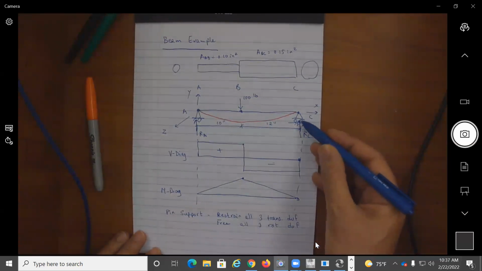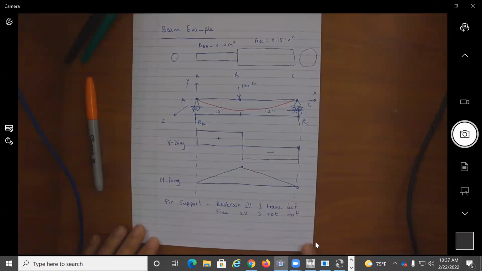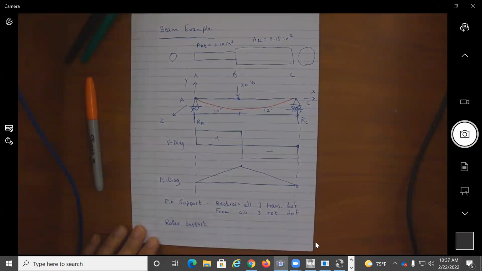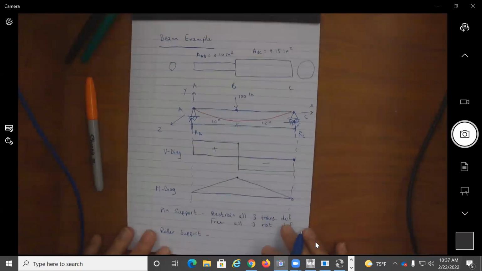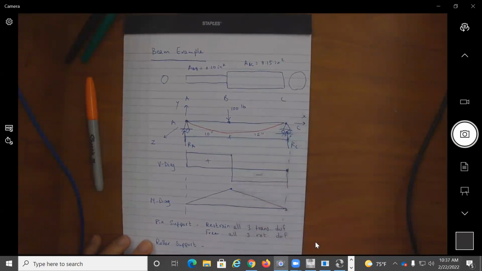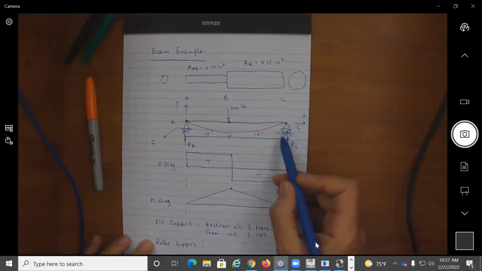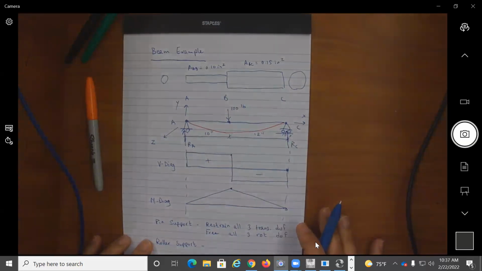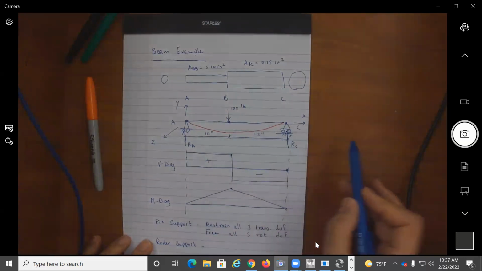Okay, how about the roller? It is going to restrain translation perpendicular to the plane shown, right? As a matter of fact, if I look at this one, because my problem is really defined in the XY plane, it is really only free in the direction of the rollers, you see, for translation.